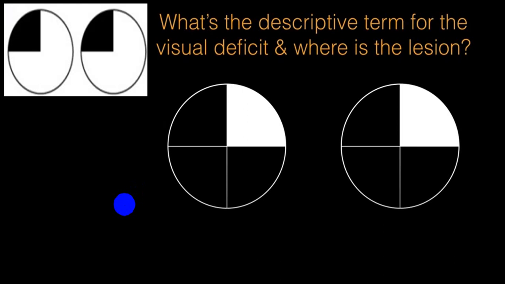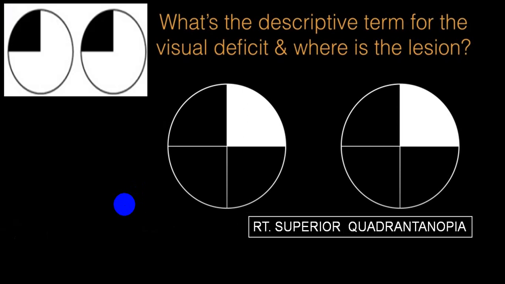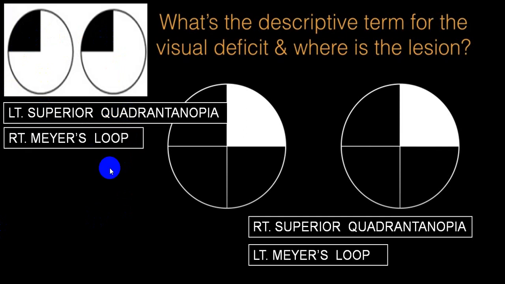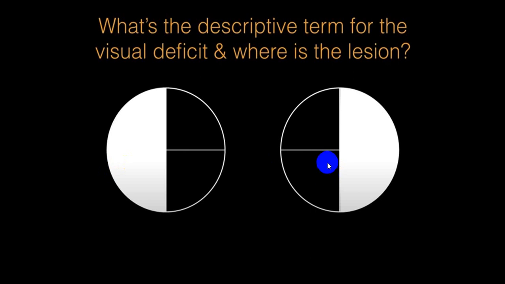So inferior fibers are damaged, so Meyer's loop is damaged. So right side superior quadrantic hemianopia, and it will be the left side Meyer's loop. So left side superior gone, which will be concerned with the right side superior gone. So right side Meyer's loop.